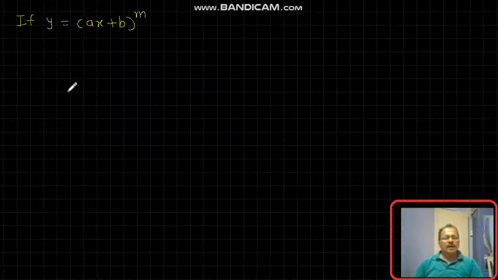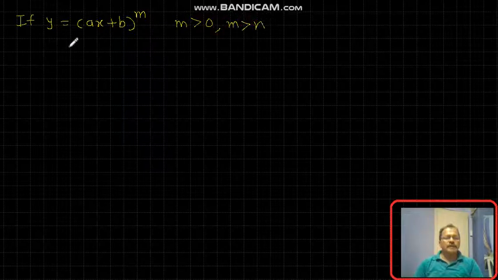Let us see how to find the nth order derivative for (ax plus b) bracket raised to m. Here m is greater than 0 and I am going to assume m is greater than n.